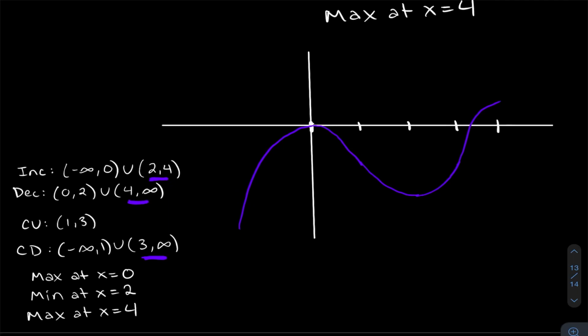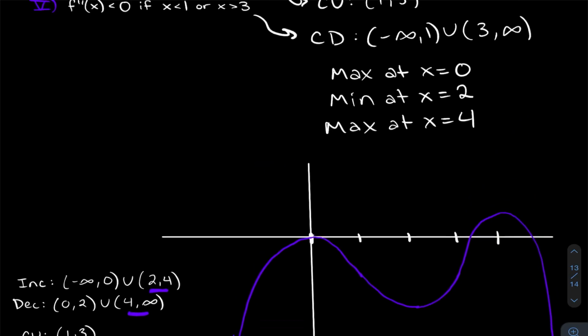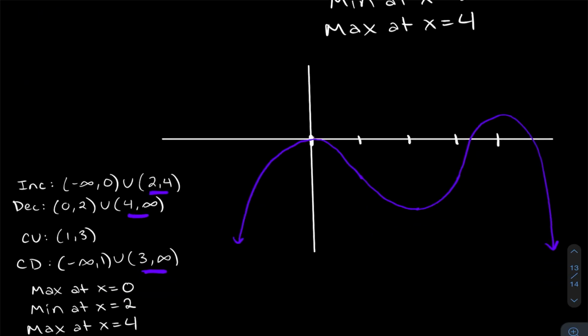So that is where this thing turns around, and we go back down. And that right there is your graph. Do we have a name for this function? Yeah, it's f. So y equals f of x. And that's really all it is.